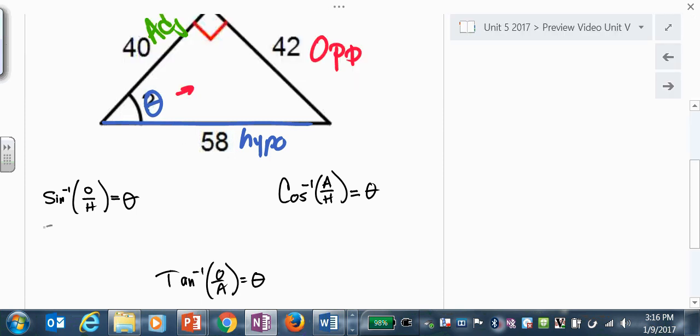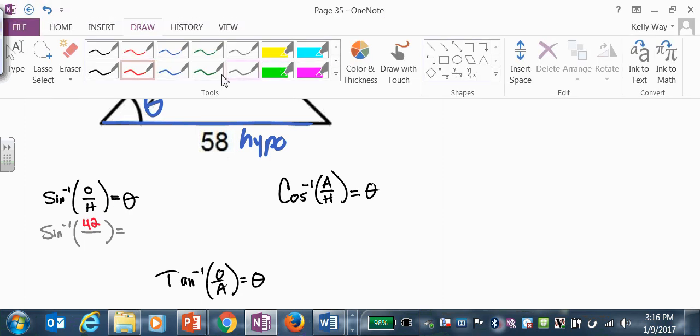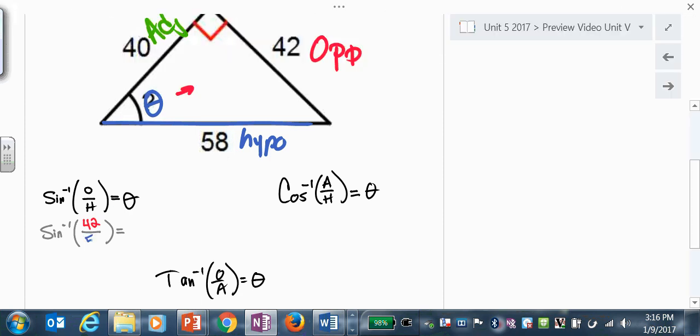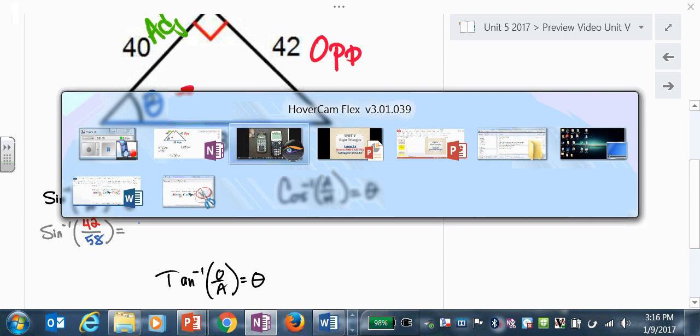We're going to do all three so that you can see it works all three times. So right underneath, we're going to go inverse sine. Our opposite is 42 over our hypo, which is 58. So inverse sine, 42 over 58. Calculators.